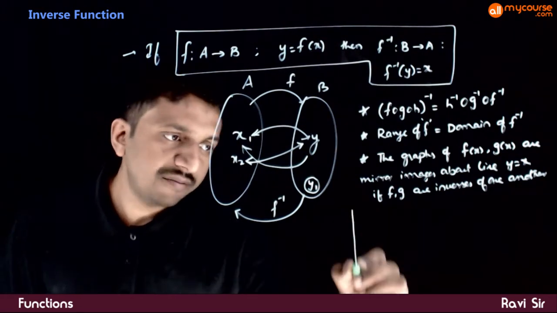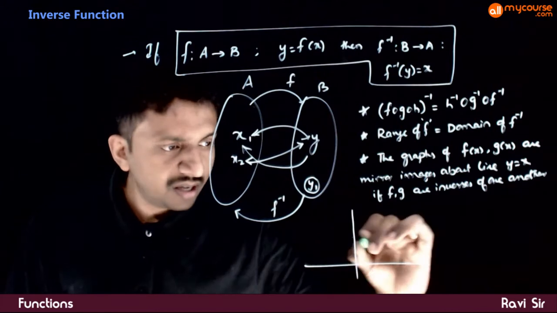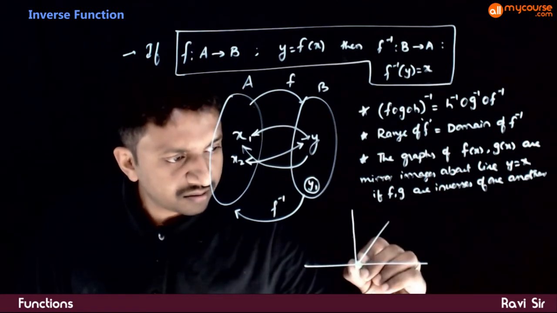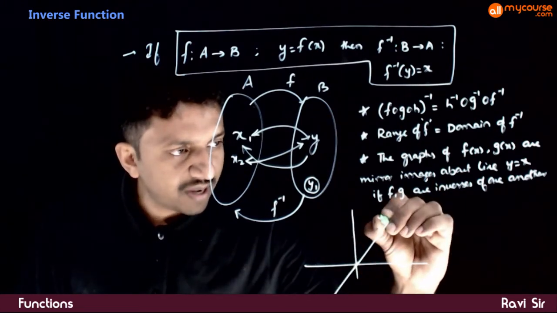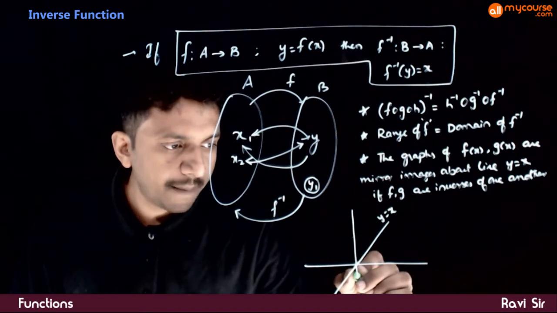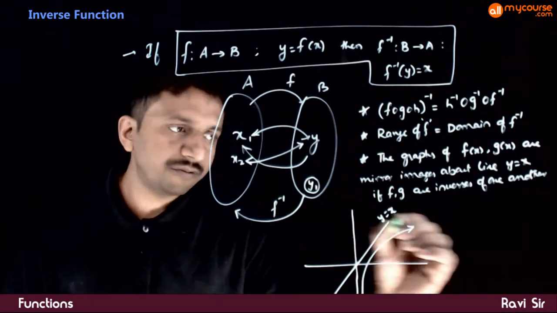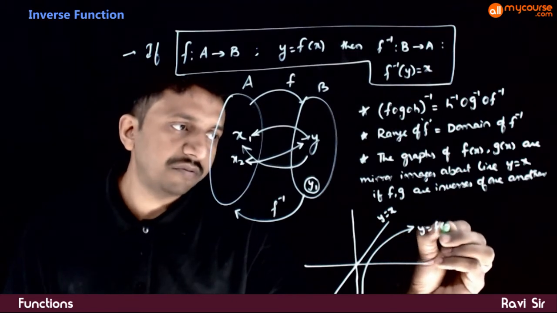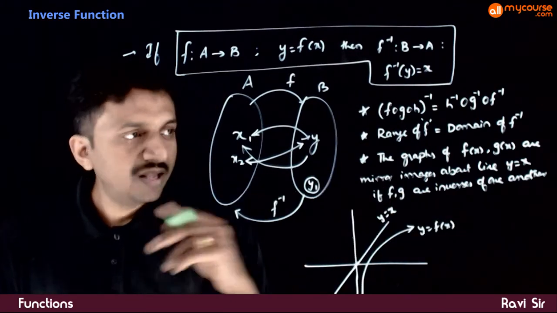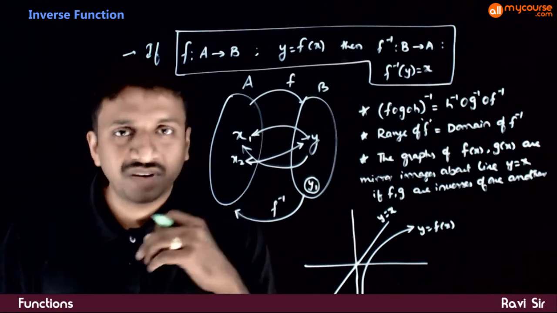That is, if you have a function f of x, take this line as y is equal to x. For example, take this as the graph of y is equal to f of x, and let g of x be the inverse function.